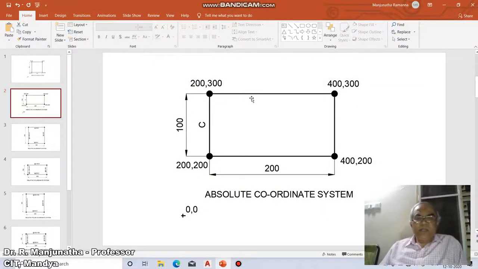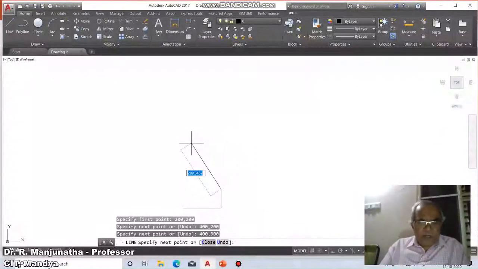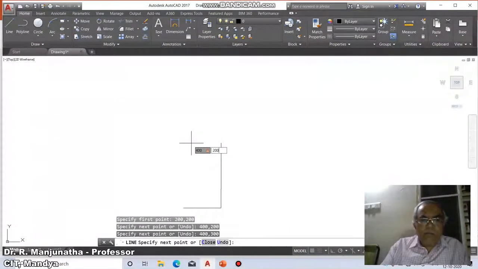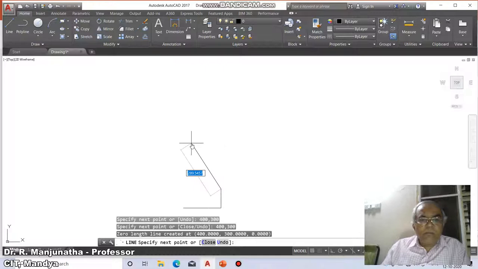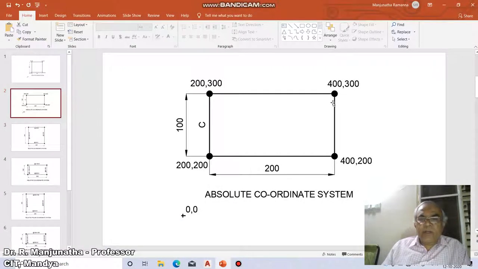So the y value remains the same as the previous value of y, which is 300.